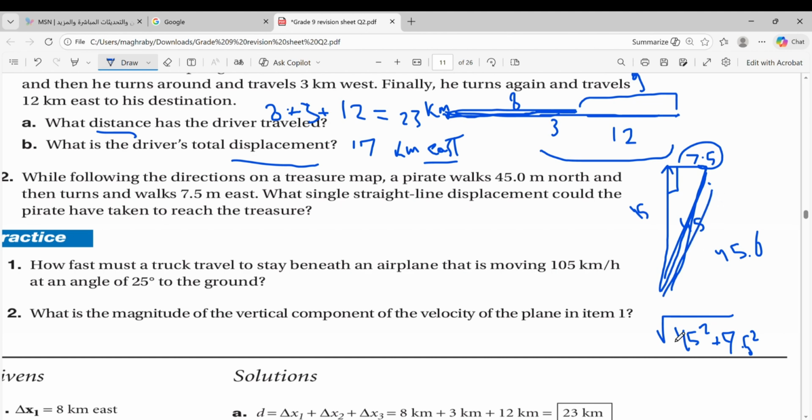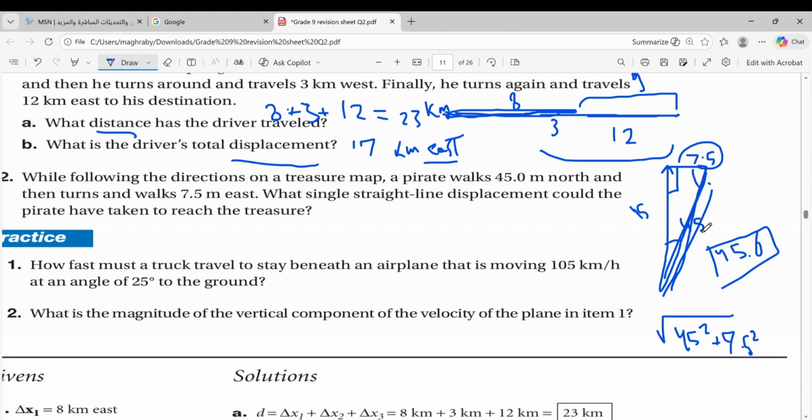Then he's also asking about the displacement, and displacement has not only magnitude but also direction, and by getting this one we get the magnitude. So where is the direction? I said before you can get the direction of this angle.